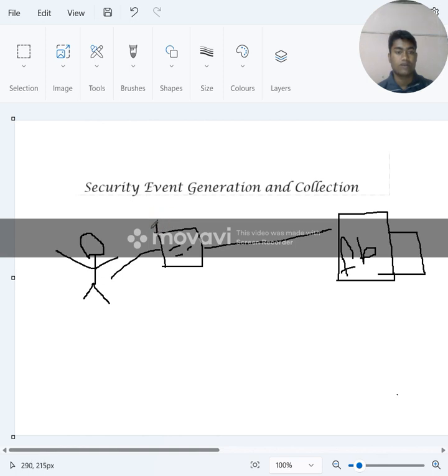This is one type of data, either physical data or logical data. In the cybersecurity field, we deal with both logical and physical data.